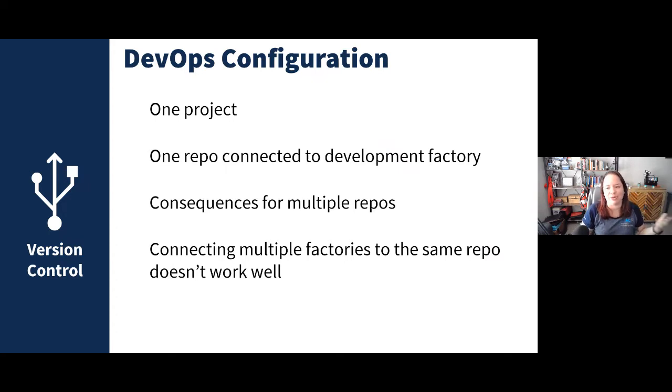So they were asking me, well, what do we do? And generally the guidance right now is have really good DevOps processes, and we'll show you some of the deployment things that we like, but have the repo connected just to development, and then make sure your changes always get moved forward as they should.